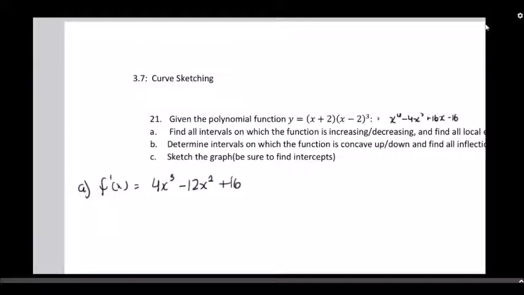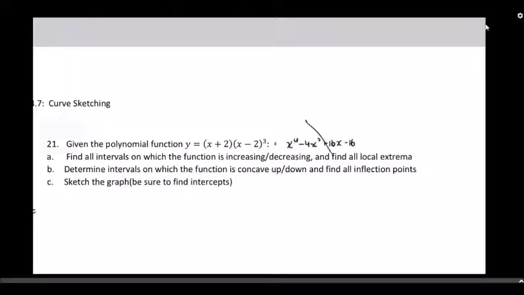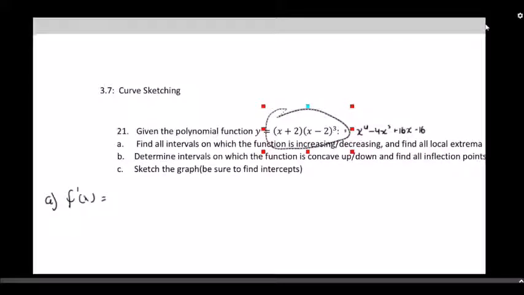See, the problem with this is, though, we would need to set this equal to 0 and try to find the zeros, or try to solve it. It's kind of hard to do. That's not easily factorable. So rather than taking the derivative of this form, even though it's going to be a little harder, I can take the derivative of this form. The reason being, it may end up being easier to factor at the end.